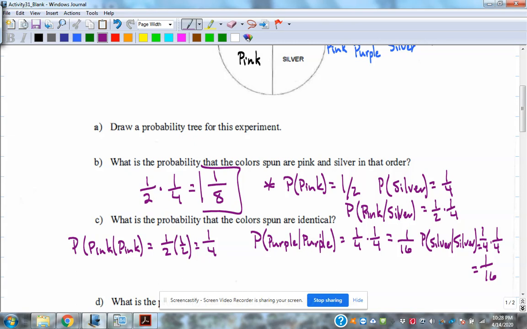So all of those probabilities added together: 1/4 plus 1/16 plus 1/16. That'd be 4/16 plus 1/16 plus 1/16, 6/16, which would be 3/8.